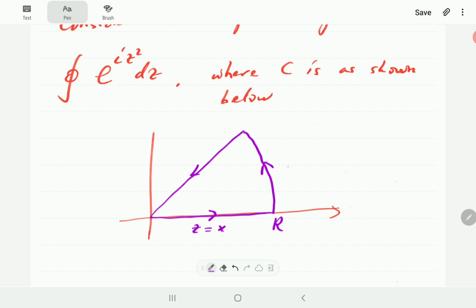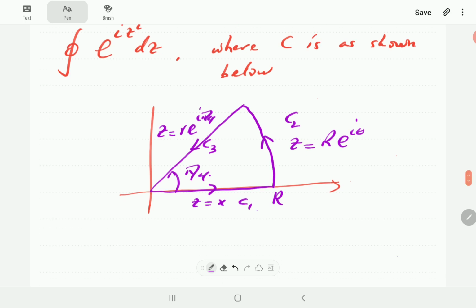And then along this arc, we're going to have z equal to re to the i theta, and along this side we're going to have z equal to re to the i pi on 4. This angle here is pi on 4. Okay, so we're going to call this one C3, this one C2, and this one C1.